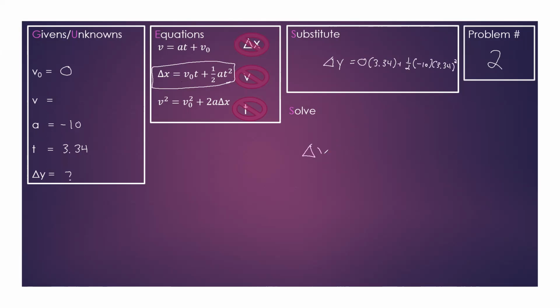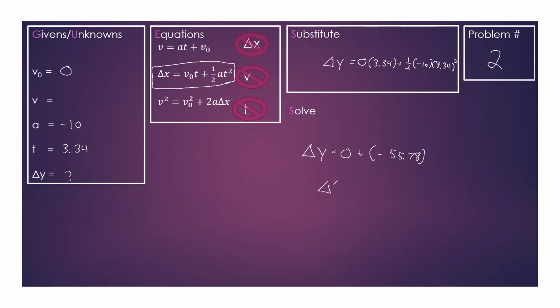To solve, 0 times 3.34 is 0, plus, let me grab my calculator, because I do not know 3.34 squared off the top of my head. 3.34 squared is 11.156, times negative 10, times half, gets you negative 55.78.